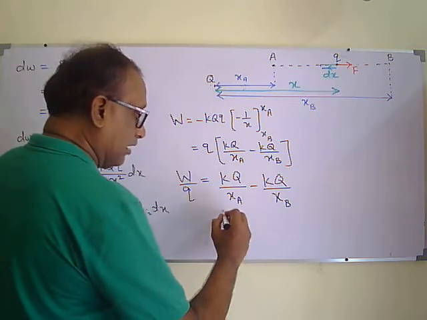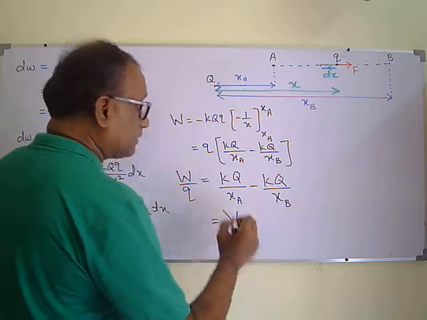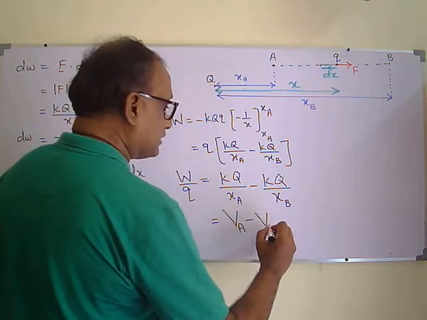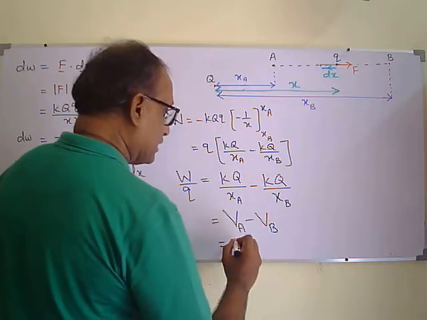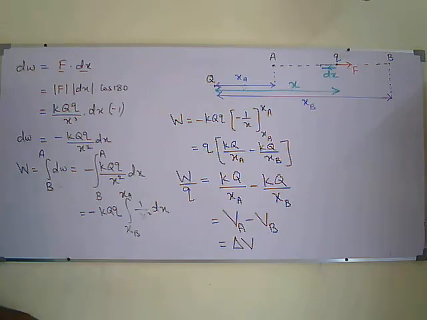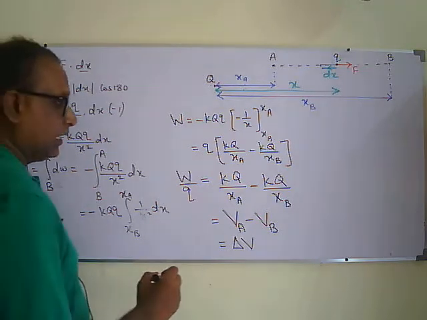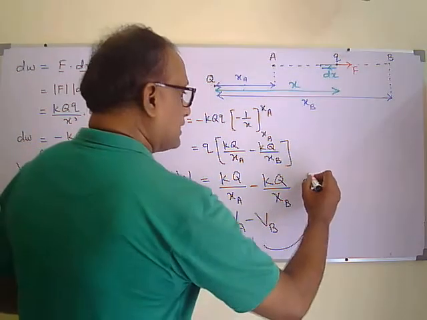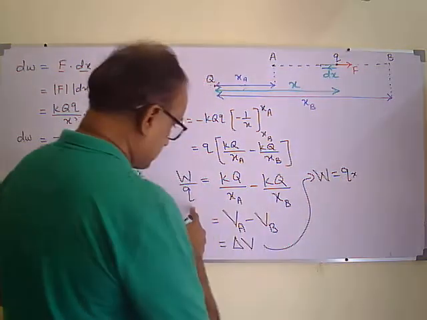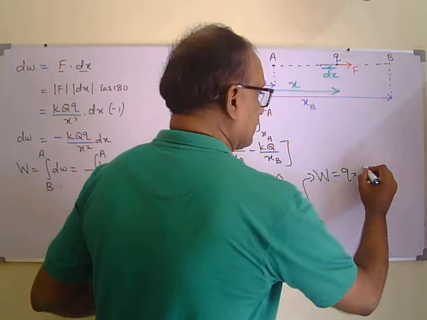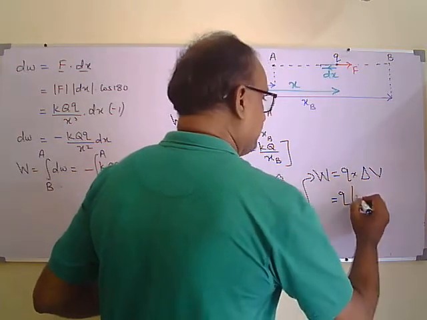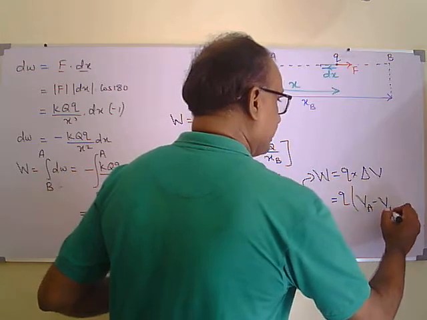That means the potential of charge q at A minus the potential of charge q at B, that is the potential difference. So W equals Q times delta V, that is Q into VA minus VB.